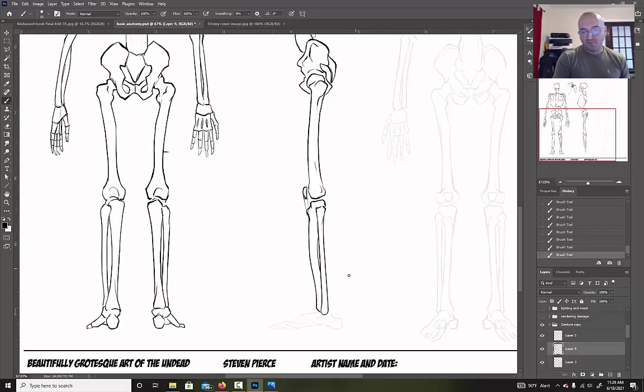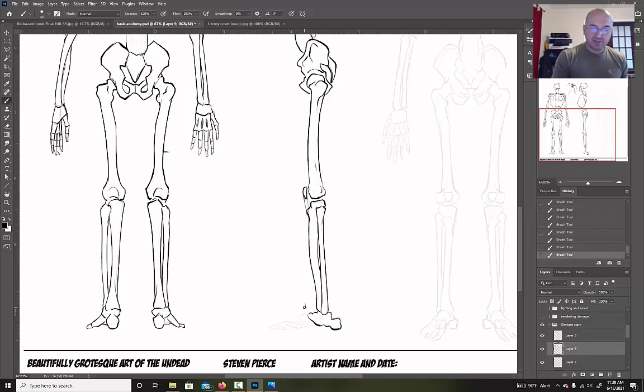Here's where it's a little bit more important to know the tarsal bones. And again, we're going to primarily concern ourselves with the shape. So if you've ever seen a ballerina point their foot, these bones here do spread apart some, but not much.